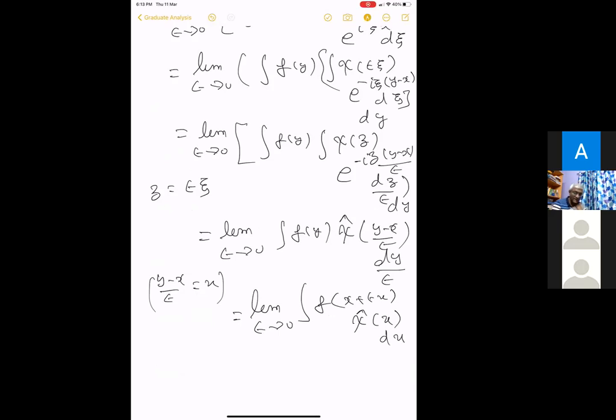This is just u, right? Is this fine? But then we have assumed f is continuous. This is equal to, you get f of x out. The u will go away in the f. So this is just integral of xi hat of u.